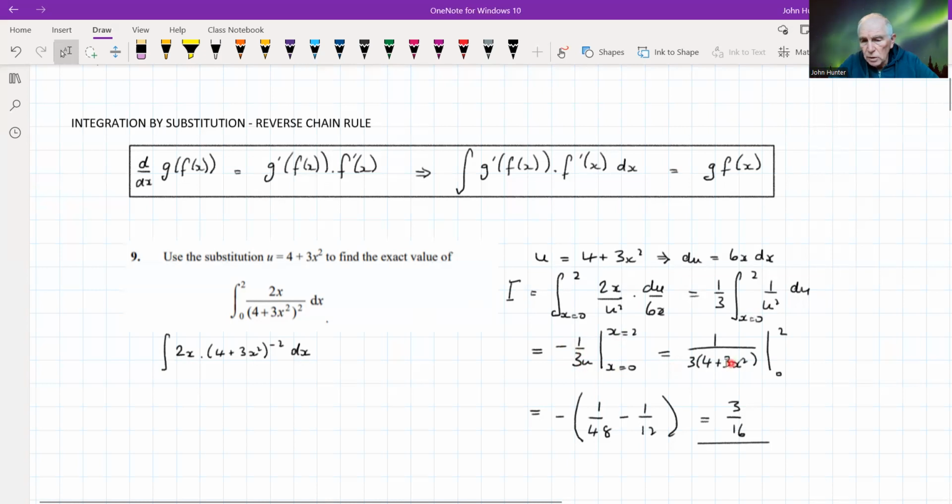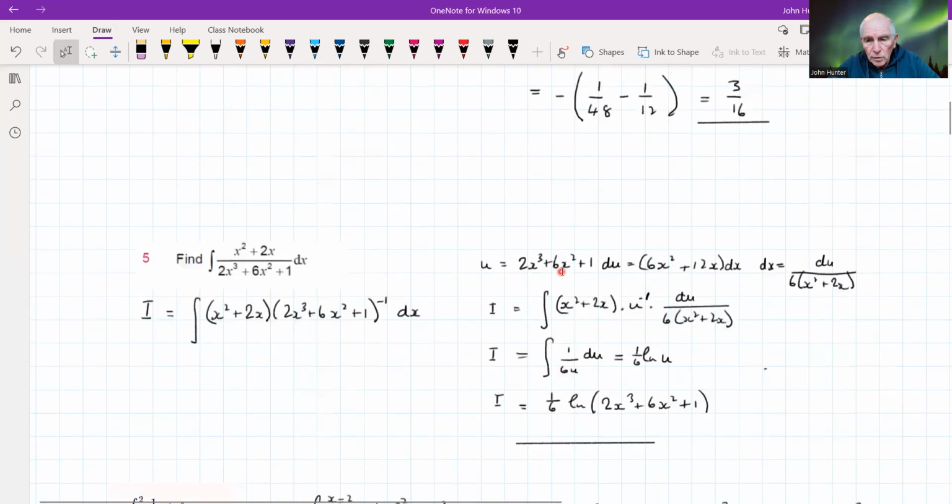Again, if we substitute this back in for u, we can drop the x equals. We just know that those are x limits now. And then if we evaluate those between those limits, we're going to get this result. So that's how that works.